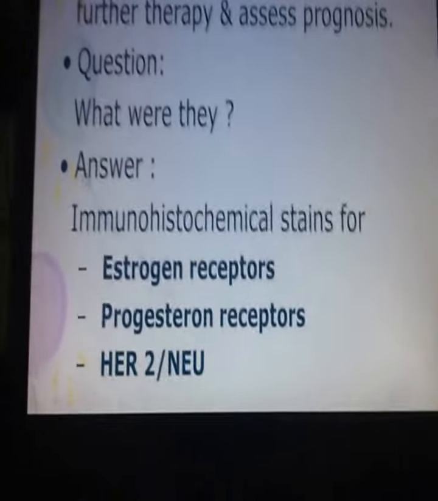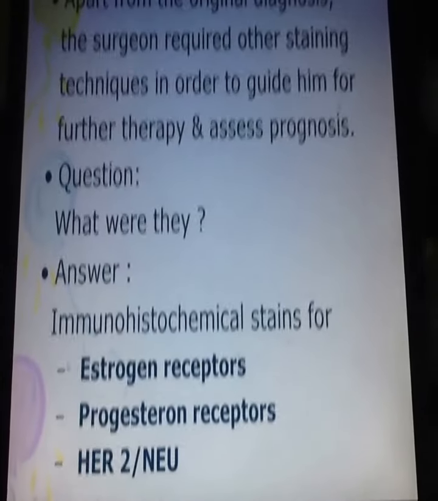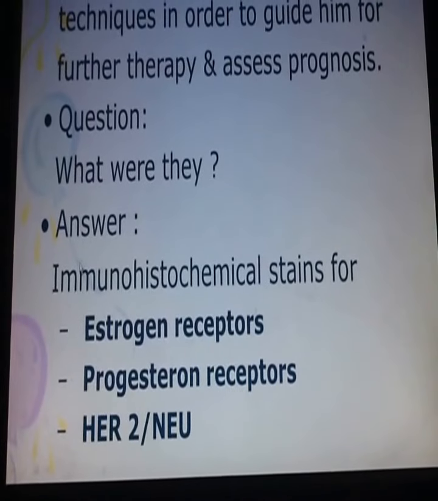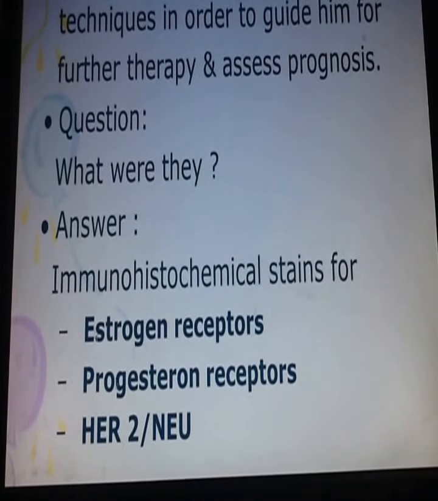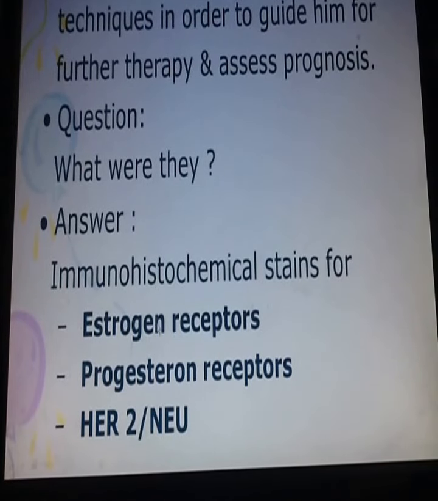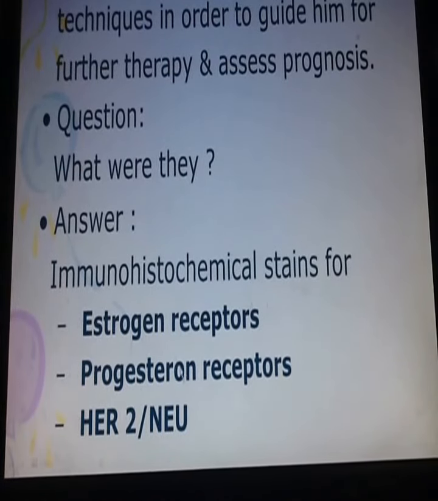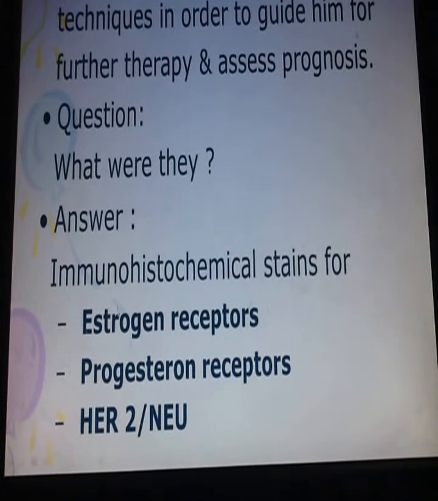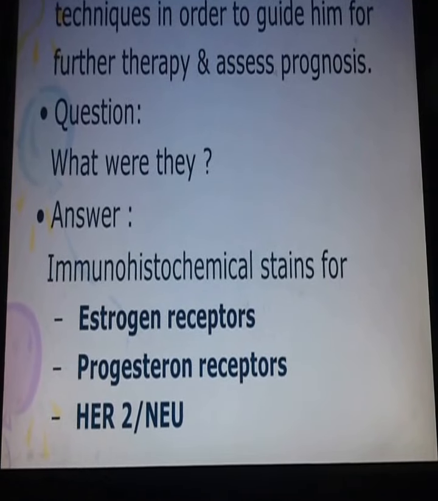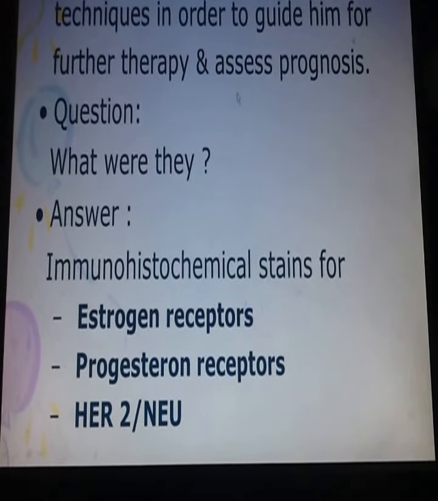Any patient with breast cancer, the surgeon will need those further studies on the tissue, in order to determine whether the tumor is estrogen receptor positive, progesterone receptor positive or negative, and HER2 status. Why is that? In order to know how to continue the treatment, to guide him for further therapy and to assess the prognosis.